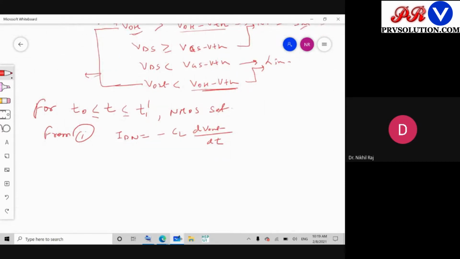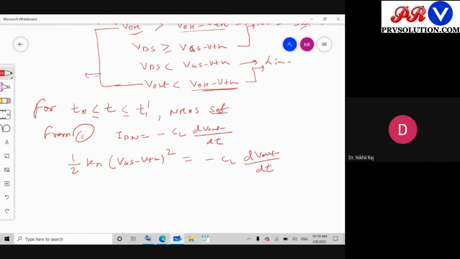So what is IDN? Now IDN is nothing but saturation. So the saturation equation, half Kn (VGS minus VTH) whole square, that will be equal to minus CL dVout by dt. Now this variable VGS, you replace with the circuit variable name.